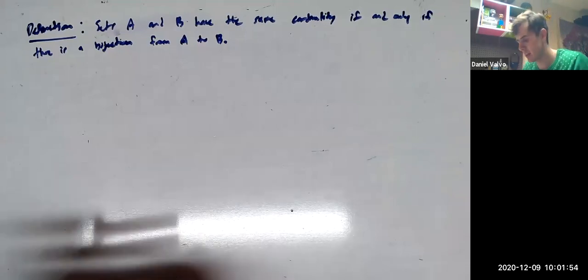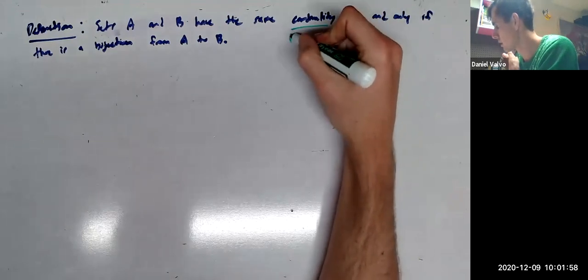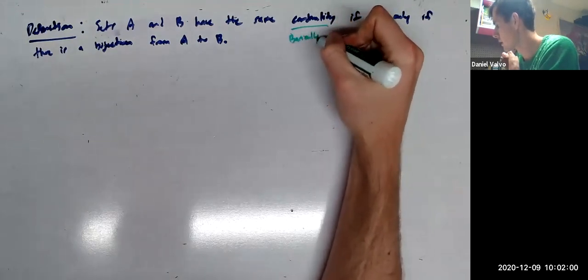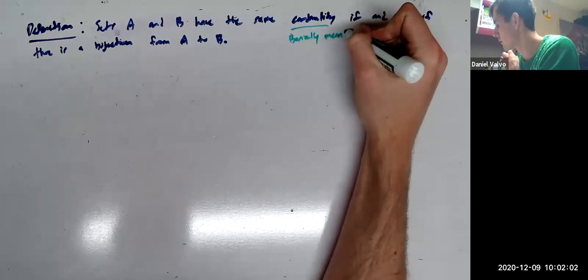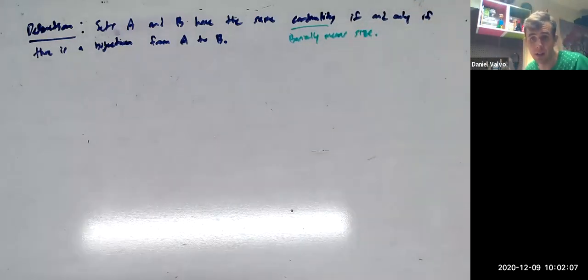And cardinality basically means size. If two sets have the same cardinality, it basically means they have the same size. That's literally true for finite sets.